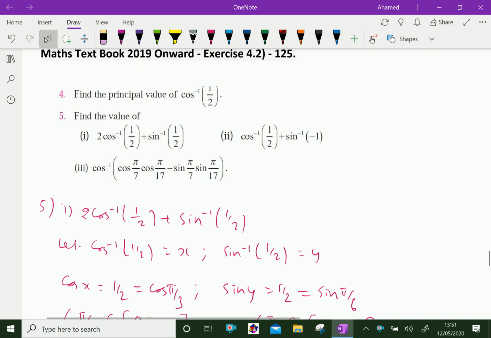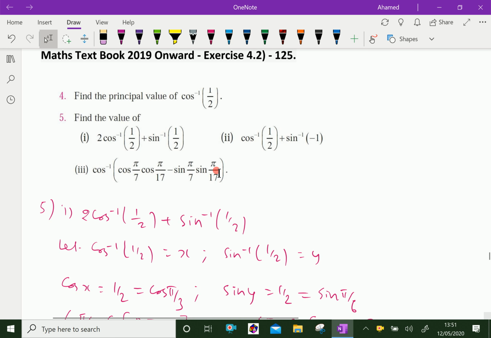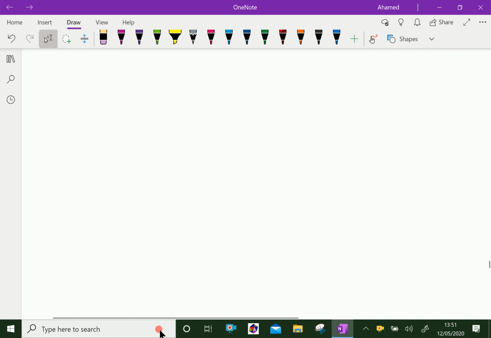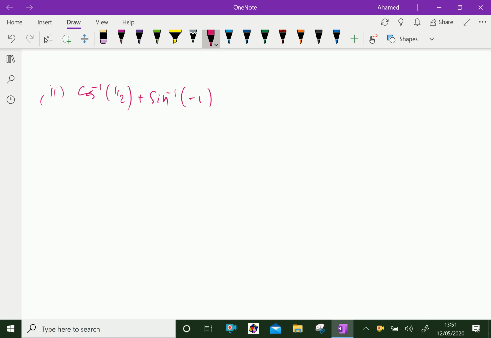Here, next question, cos inverse of half plus sin inverse of minus 1. Second part, cos inverse of half plus sin inverse of minus 1.